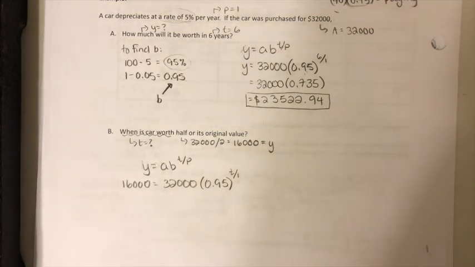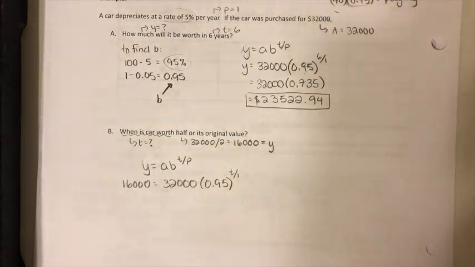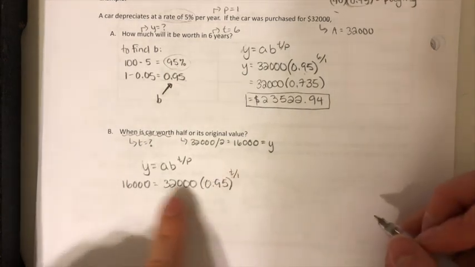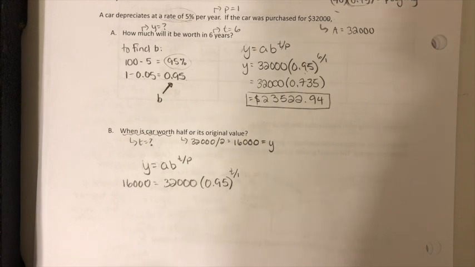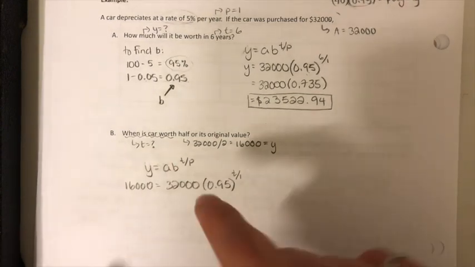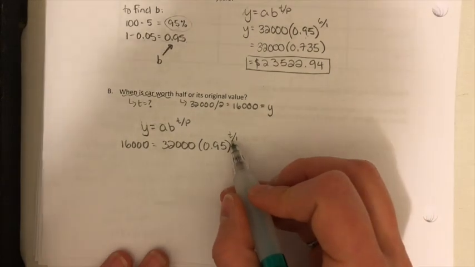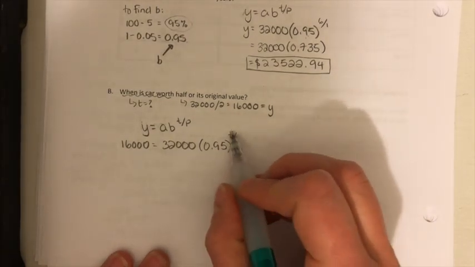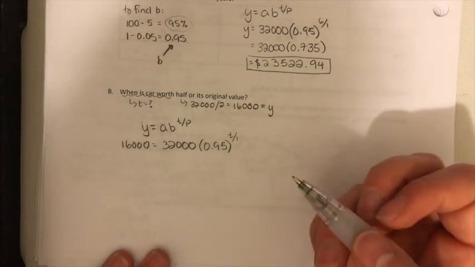Okay, so now we want to solve for something that's in the exponent. So you're probably like, why the heck did we have to do logs, and how does this relate? In the last lesson, we looked at how to solve things when our variable is in the exponent, and we had to use logs to get that variable out of the exponent so we could figure out what it was. So that's why we had to do that first, and now we're doing this. To solve for t, the first thing we want to do is get just that power, the base and the exponent, alone on one side of the equation if we can.